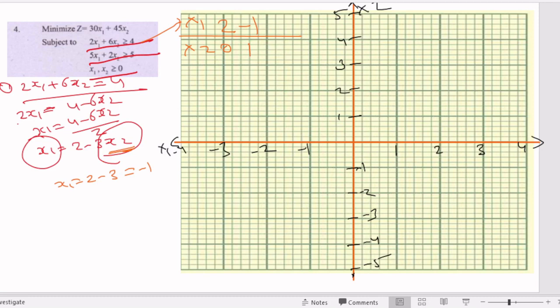Now I'll substitute x2 equal to 2. So 2 minus 6 is minus 4. When x2 is 2, x1 is minus 4. Isn't it simple? We have to make it simple, because in the exam room we have limited time to solve the question.